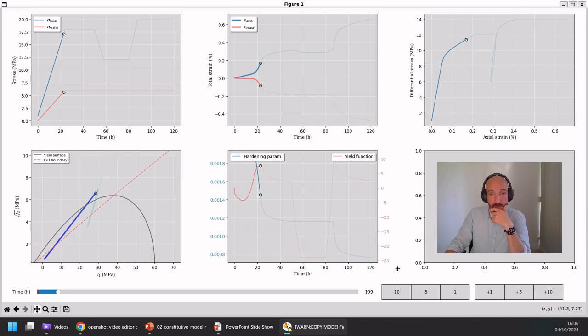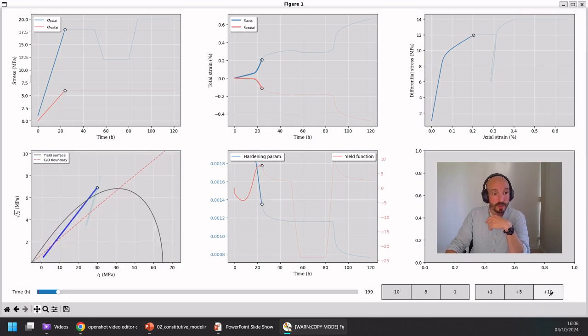You can see how it moves towards the stress. And now the stress is constant. The stress is constant, and the hardening parameter is still decreasing, but not as much as before.